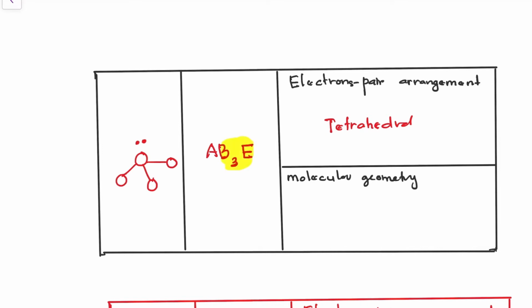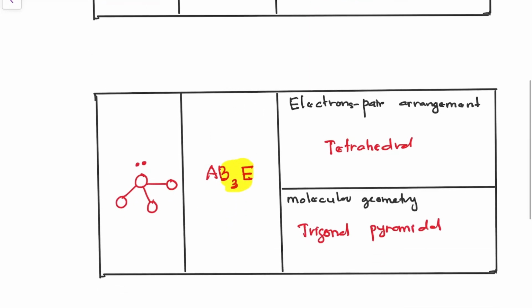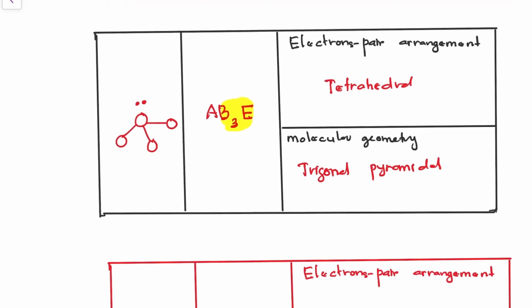But due to the different types of repulsion, the molecular geometry becomes trigonal pyramidal. In tetrahedral, the bond angle is 109.5, here, since the repulsion is quite strong, now it becomes 107.3 degrees.